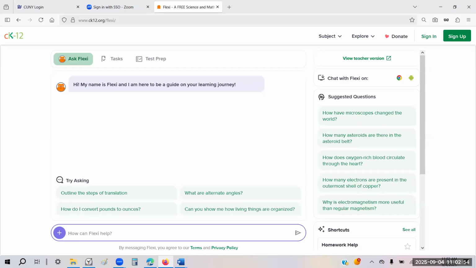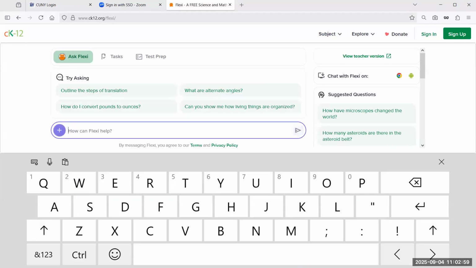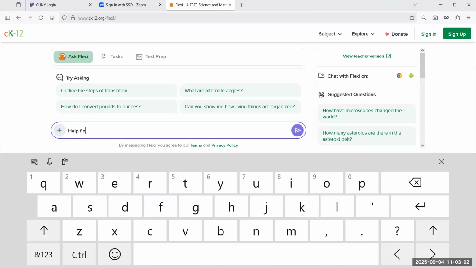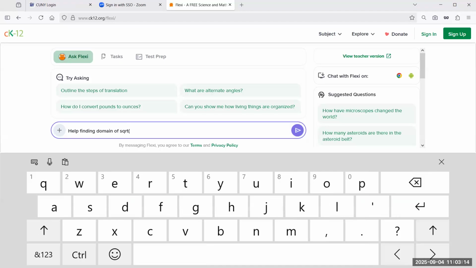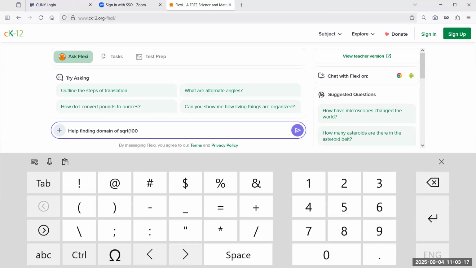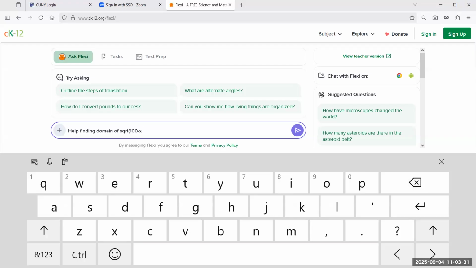And you can ask a question like, help me find the domain of square root of 100 minus x.